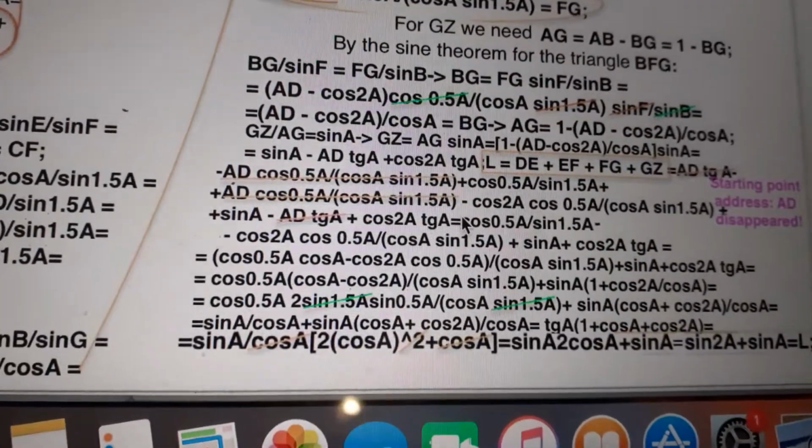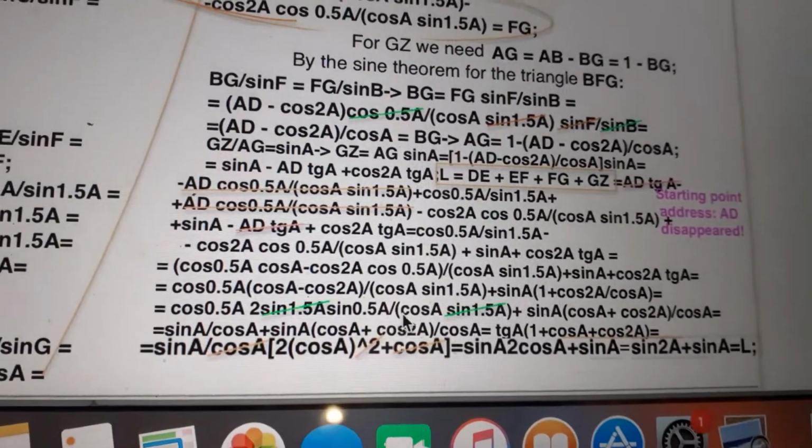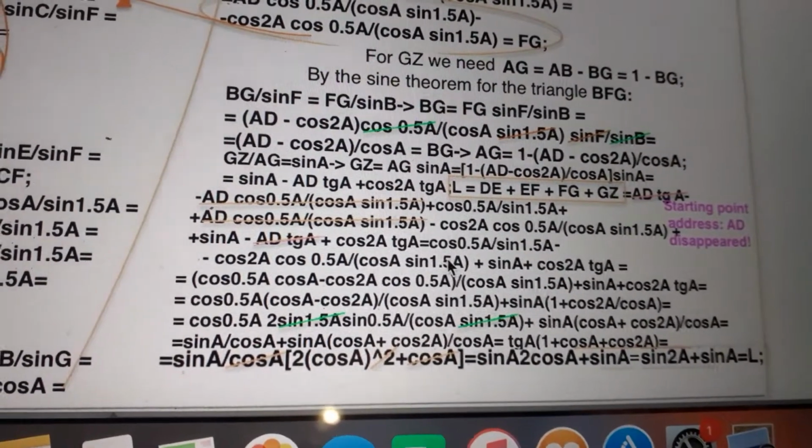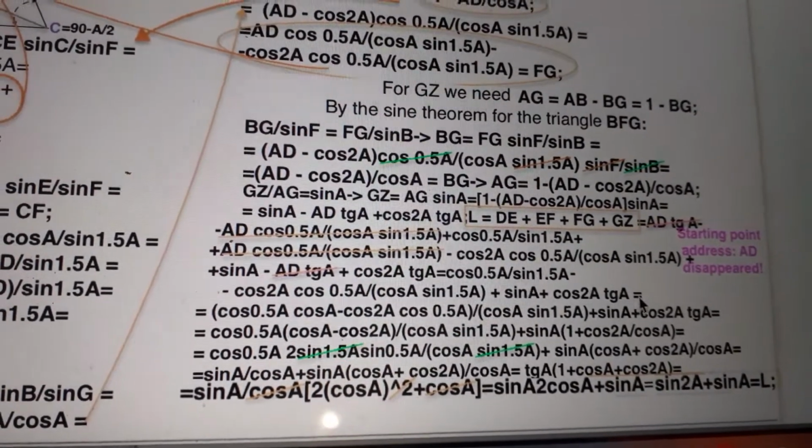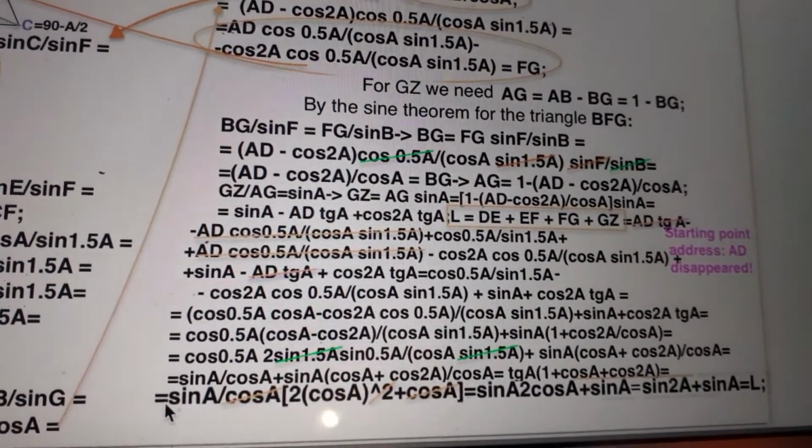So we get this expression for our total length of the RCPO, L, and after simple transformations we arrive at a very simple expression, sine A plus sine double A, and it is the length of our RCPO.